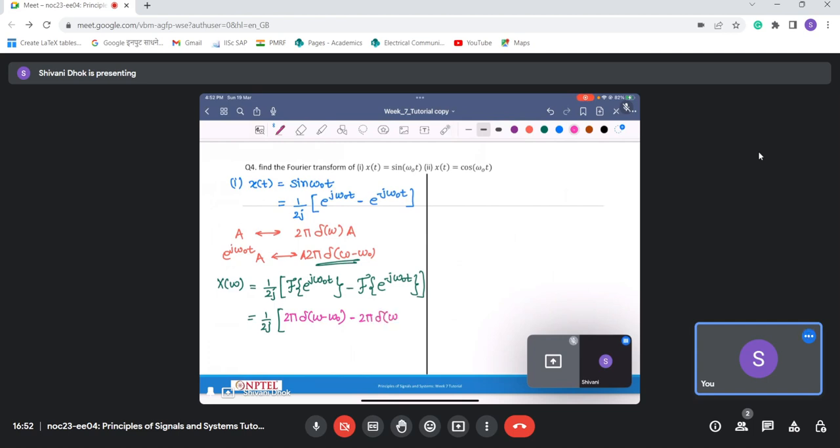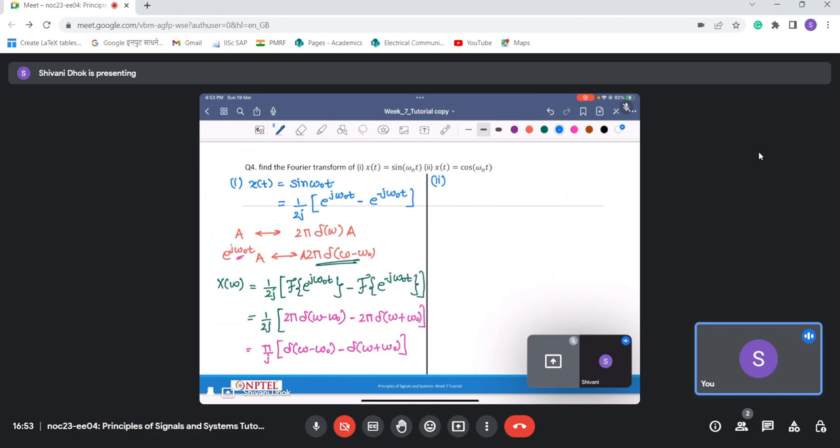Now here, instead of omega we are having minus omega naught, so it's simply plus omega naught, which comes out to be pi by j, inside the bracket, delta omega minus omega naught minus delta omega plus omega naught. So this is the Fourier transform of sine of omega naught t.